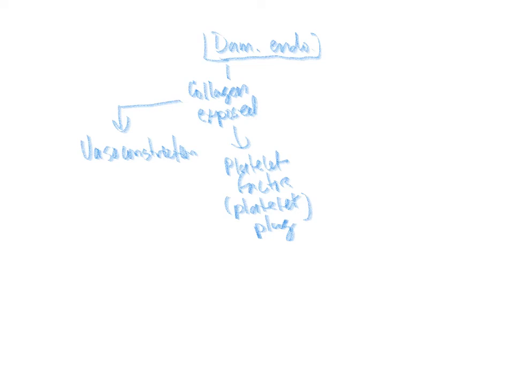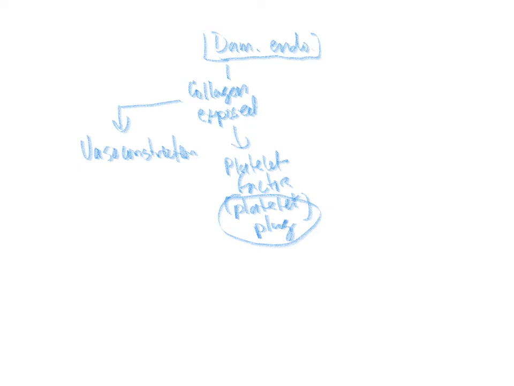They begin to express certain molecules on their surface that allow them to bind more easily to other platelets. So that exposed collagen causes the vasoconstriction, plus the platelet aggregation, which forms that initial platelet plug.